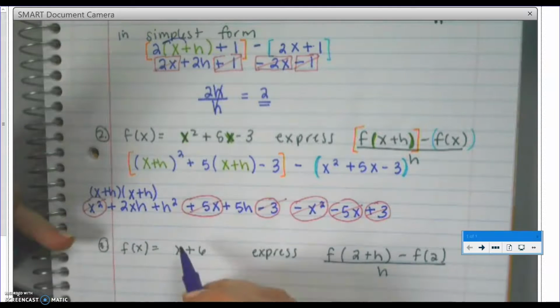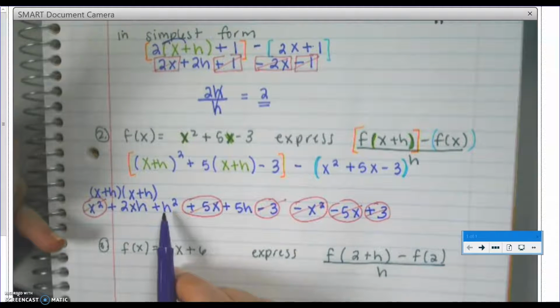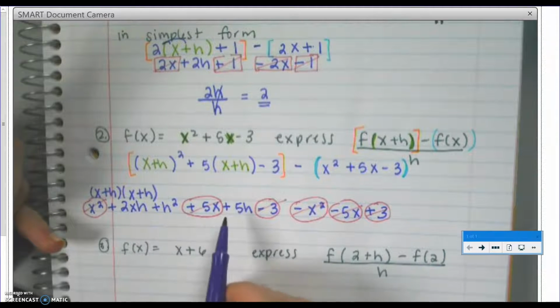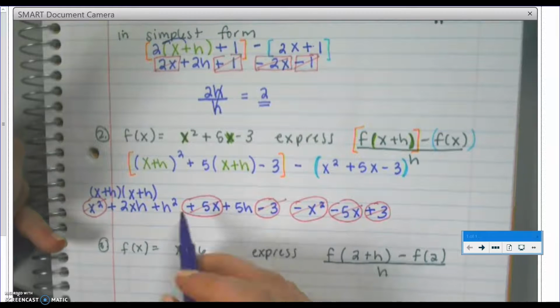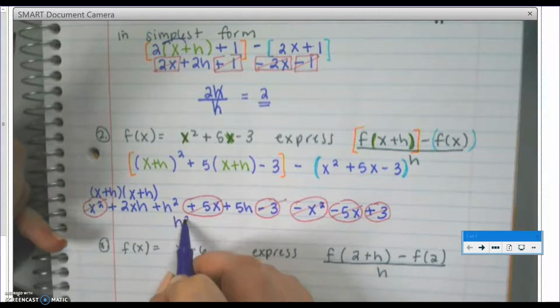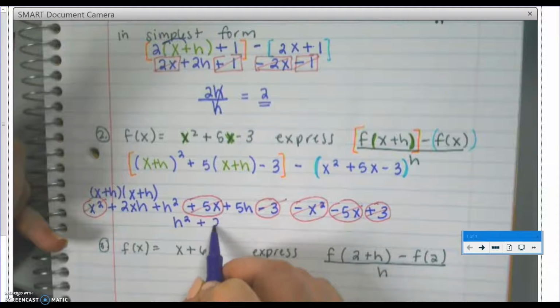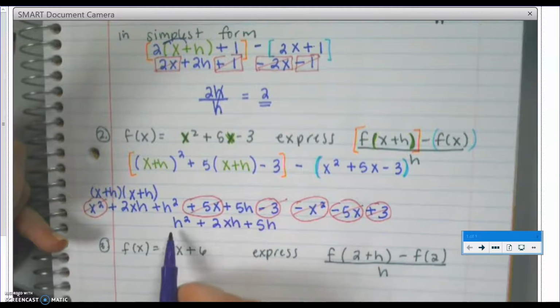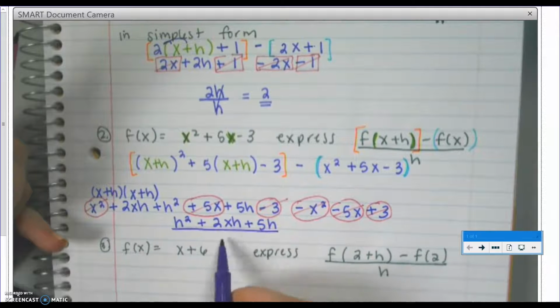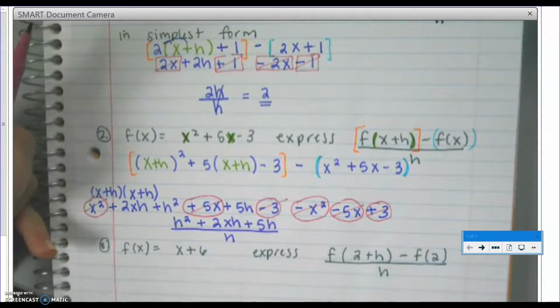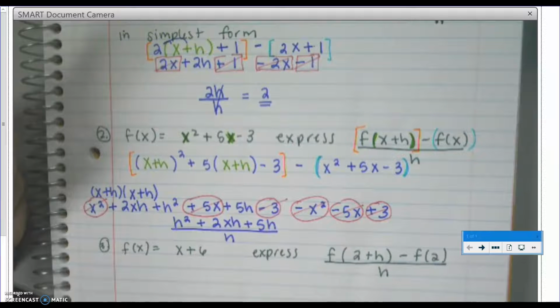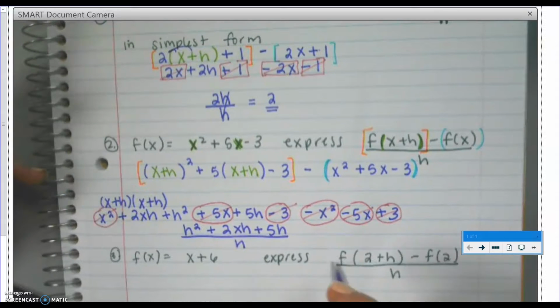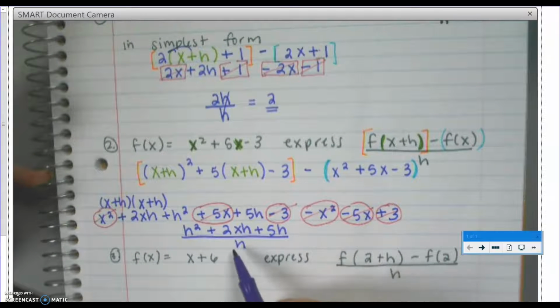So for my numerator, I'm going to put the h squared first, because normally when we have a bunch of terms left over, if something has a bigger exponent, it goes in front. So that's h squared plus 2xh plus 5h, all of that divided by h. Now you might notice that every single term in the numerator has h. So I want to factor that out so that it can cancel with the denominator.